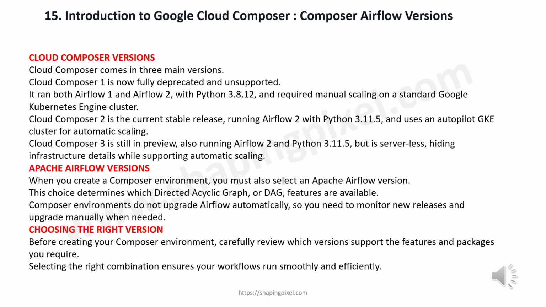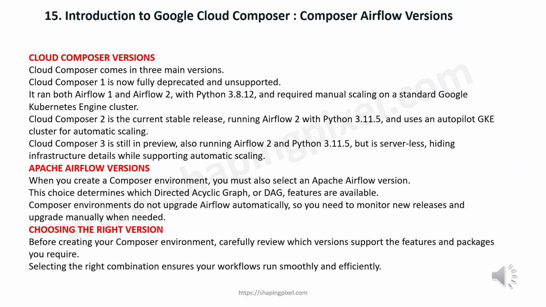Cloud Composer 2 is the current stable release, running Airflow 2 with Python 3.11.5, and uses an autopilot GKE cluster for automatic scaling. Cloud Composer 3 is still in preview, also running Airflow 2 and Python 3.11.5, but is serverless, hiding infrastructure details while supporting automatic scaling.